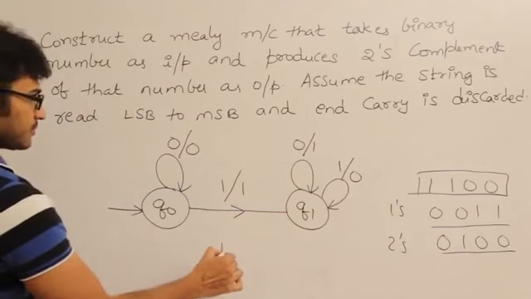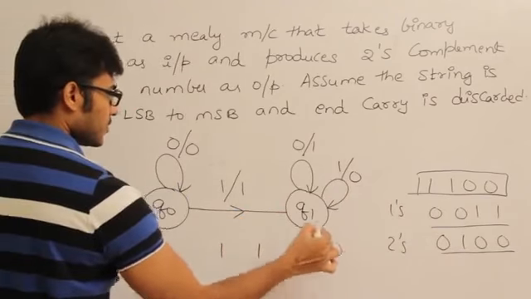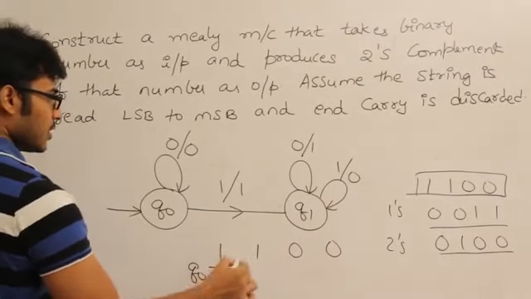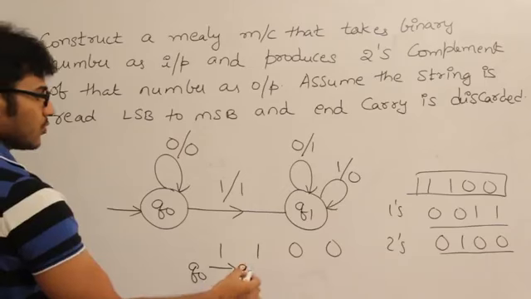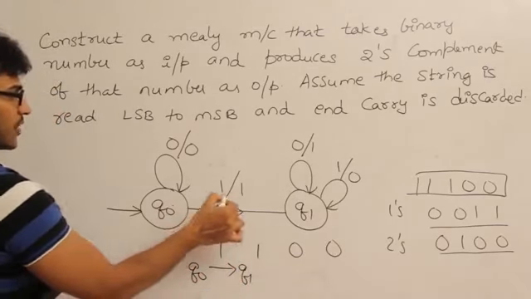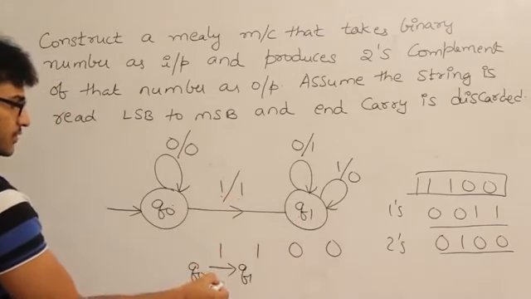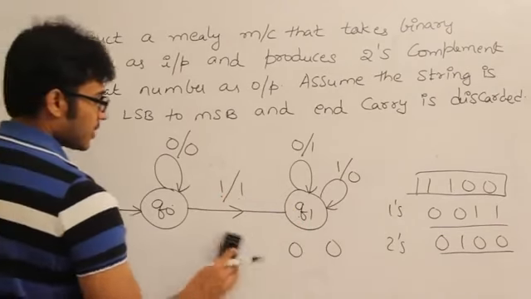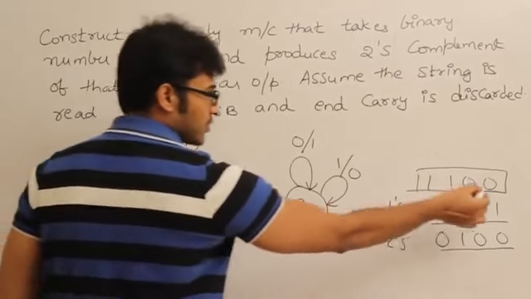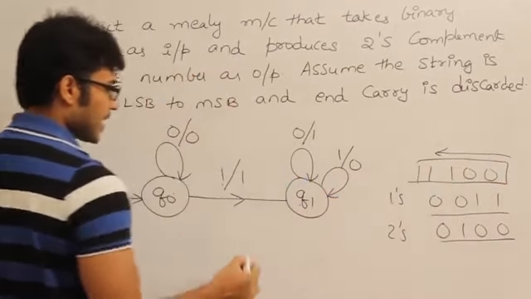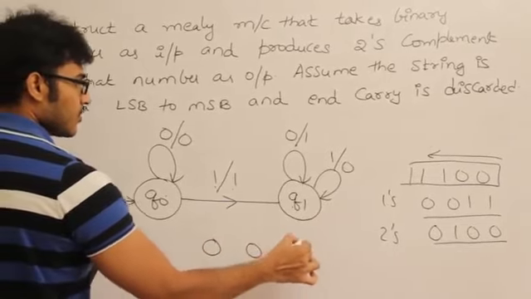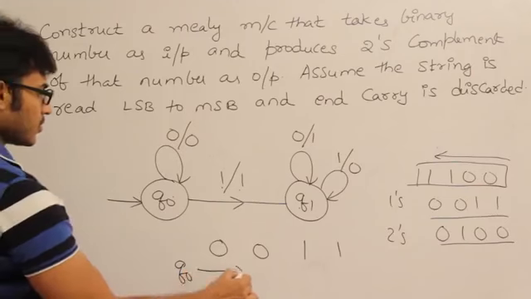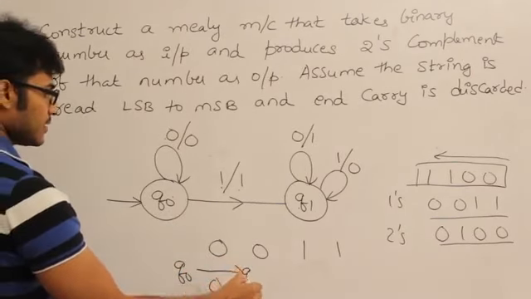See this. For 1100, we are supposed to read from the LSB, which means I should write it as 0011. Now Q0 on 0 produces 0 and stays in Q0.